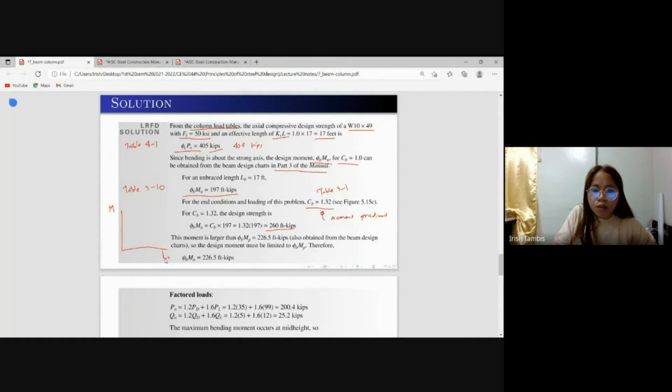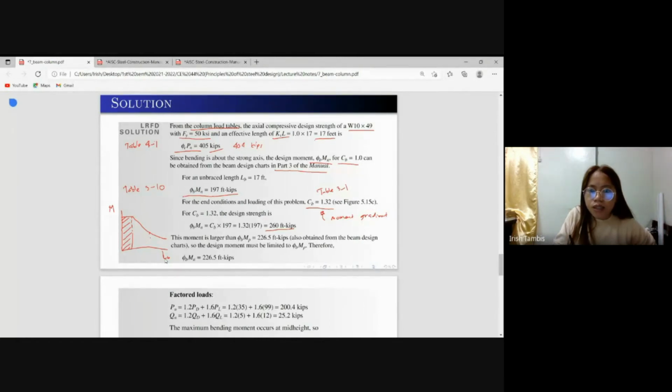L sub B, do you remember this? This is the figure, di ba? Somewhere here is the elastic range, then this is the inelastic range. Then this part is the plastic moment, di ba?